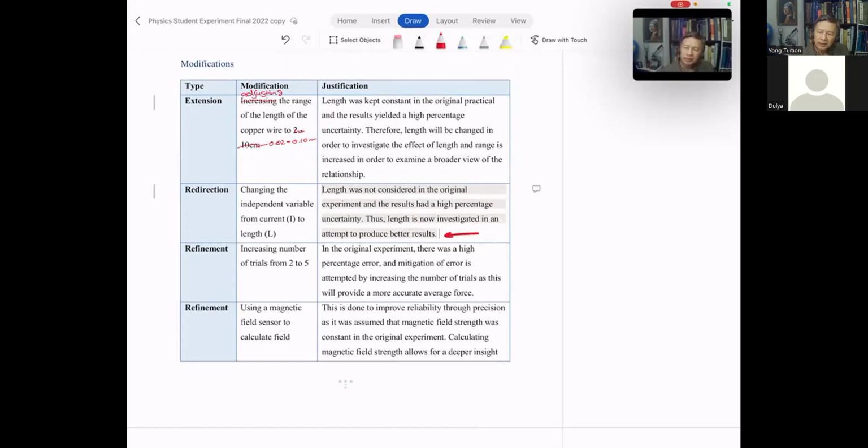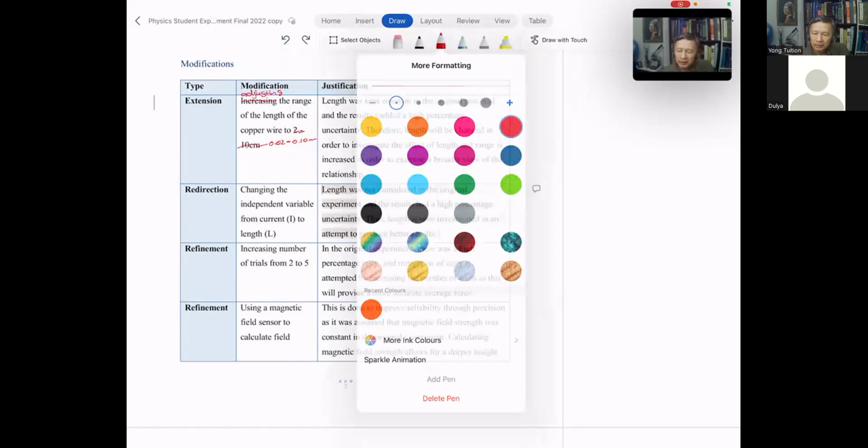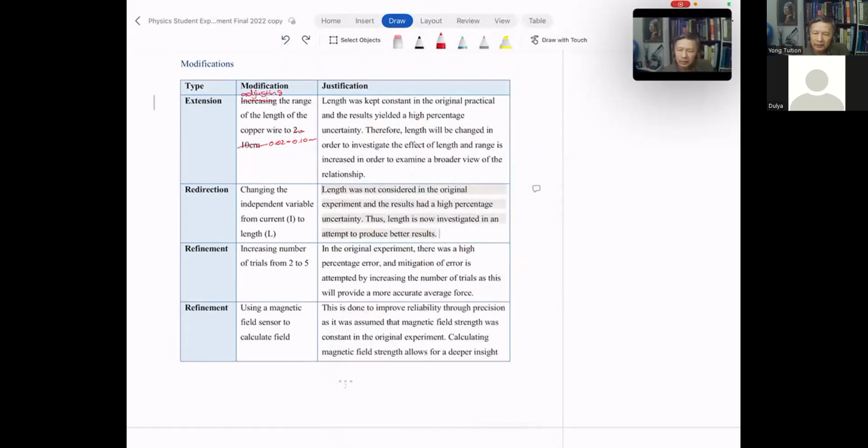Can you read that justification for redirection? Length was not considered in the original experiment, and the results had a high percentage uncertainty. Thus, the length is now investigated.